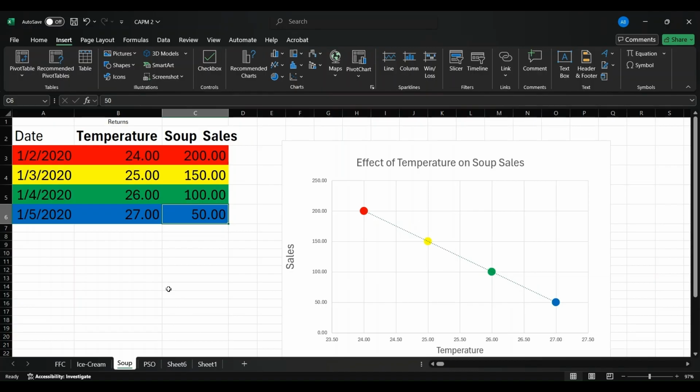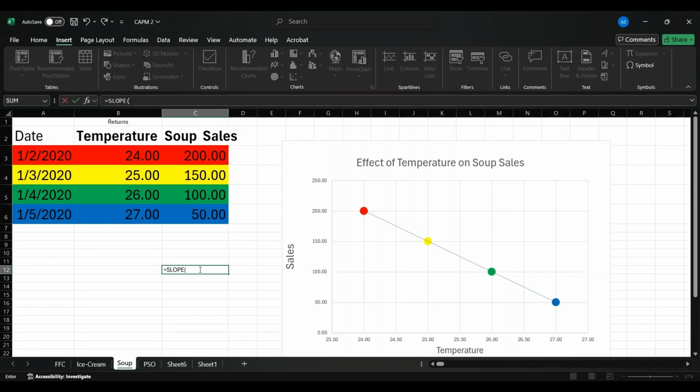The question then becomes, how would we assess the change in sales due to a per unit increase, which basically means that if the temperature changes by 1 degree, how would our sales be affected? Well, we simply take the slope of the trend line. If you're doing it on Excel, you first take your known y variable, which is the variable being affected by the independent variable.